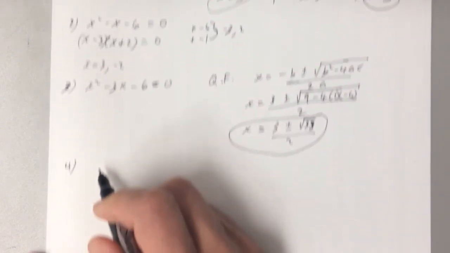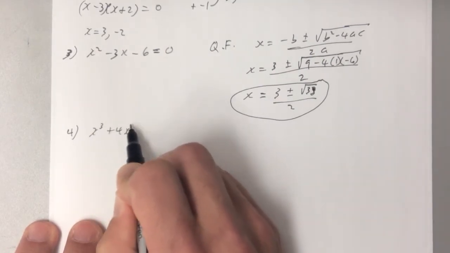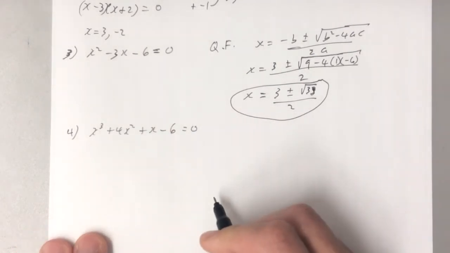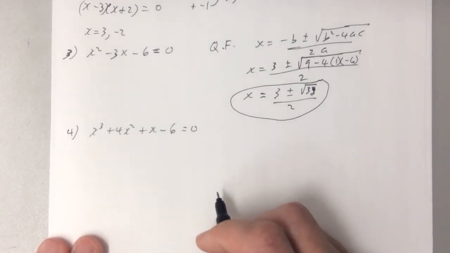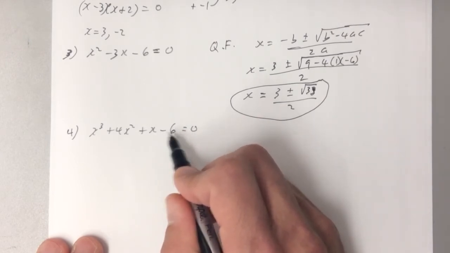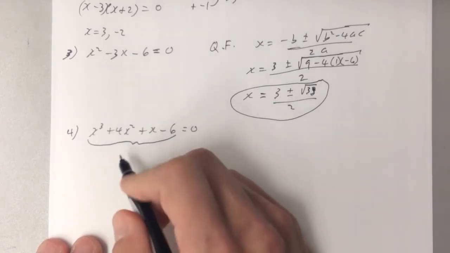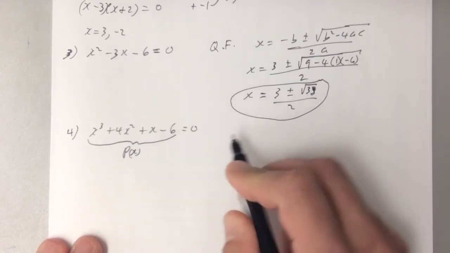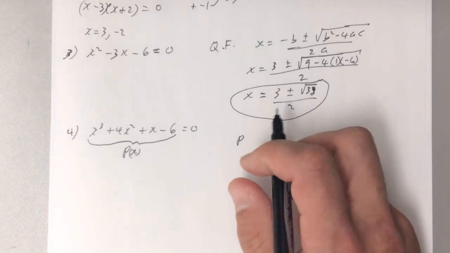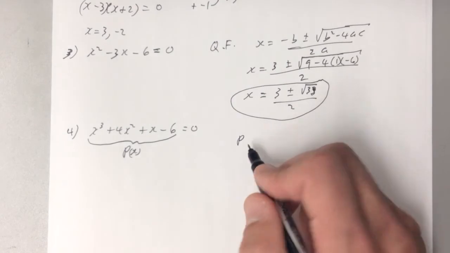Next we'd have a cubic or beyond. In this example, we'd have, say, something like x cubed plus 4x squared plus x minus 6 equals 0. If we want to solve this, we have to use the factor theorem. So we have to look at factors of negative 6 that make this polynomial equal to 0. We've done this in the previous unit. If this is p of x, then you'll find that p of 1 would equal 0.